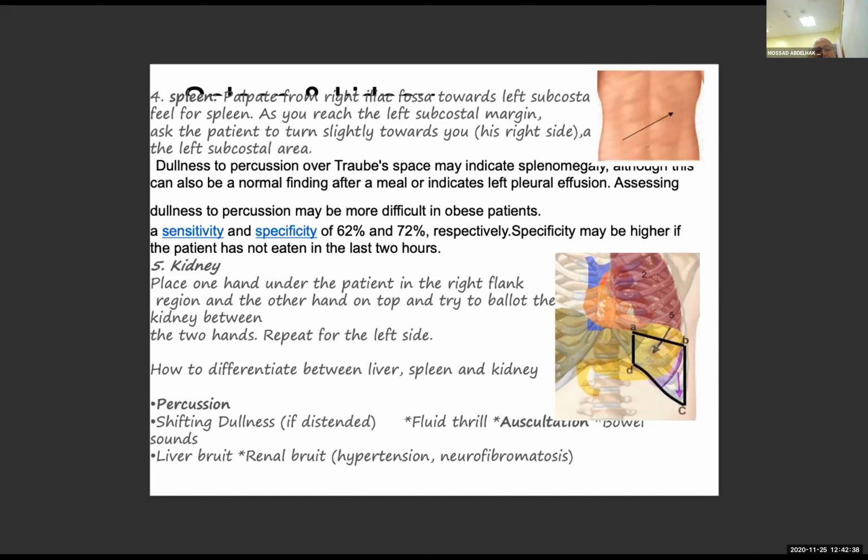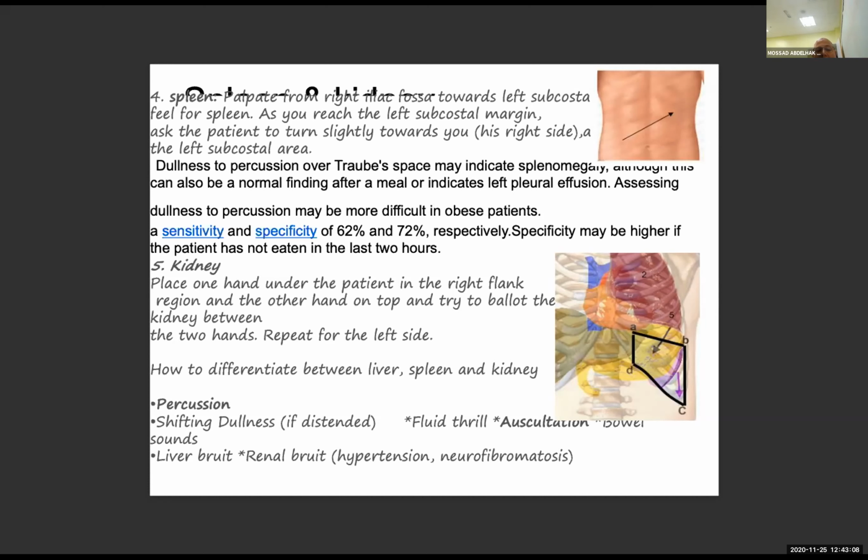And then don't forget to continue your job. In the job, we said it is inspection, palpation, percussion, auscultation. Percussion for the abdomen is very important. The most common two are shifting dullness and the fluid thrill; sorry, palpation and percussion for fluid thrill.